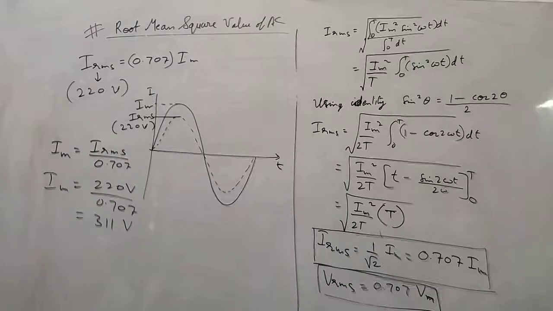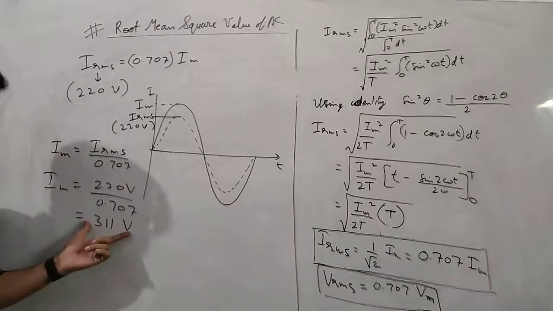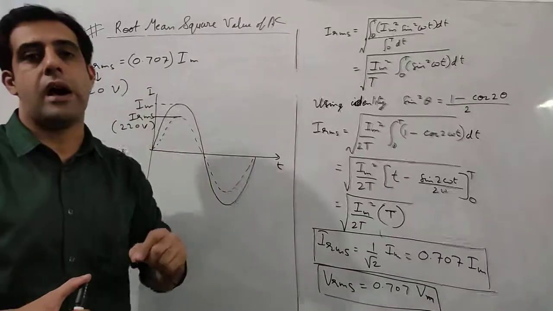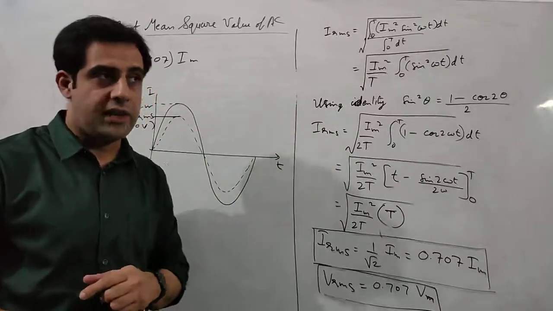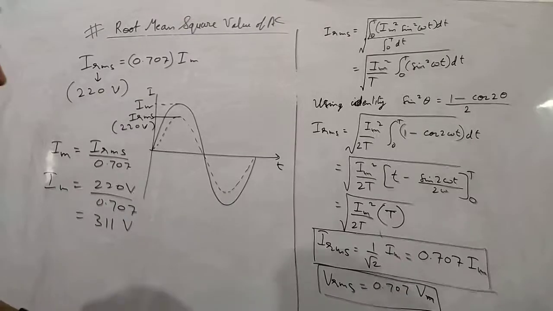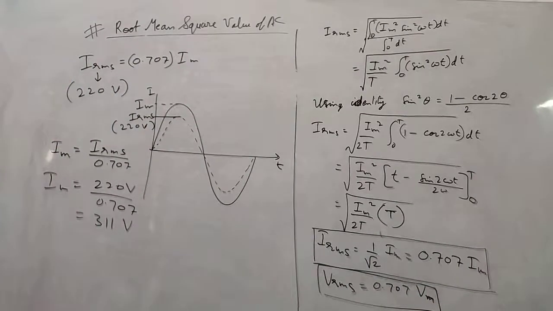You can find out yourself. So this is the value that we are getting inside our house. Out of this, we are using only 220 volt. That means we are using only the RMS value to work our appliances. That makes the RMS value so important. That is why we have done all this derivation. So remember, these are the values of IRMS. These are direct formulas. Use these formulas in your questions directly.